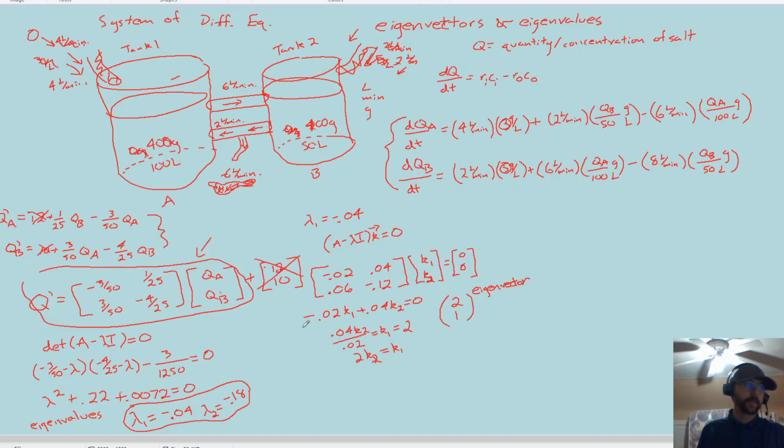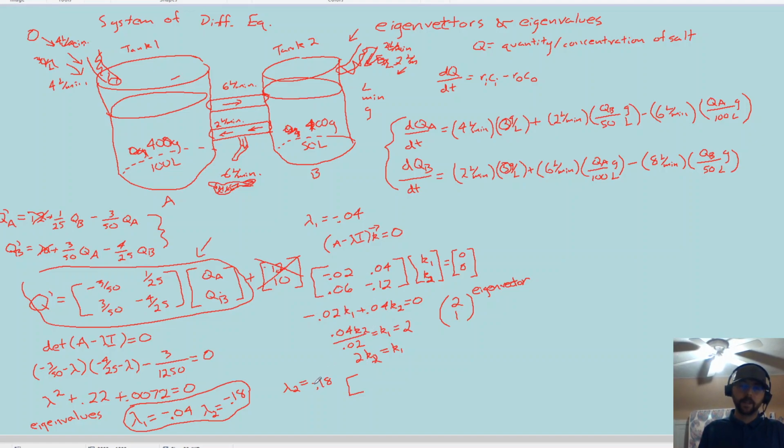Now we need to do the same process to find the other eigenvector. And I'm going to try to squeeze it down here because we still need lots of other space. So lambda 2 equals -0.18, and our matrix. And this time I'm going to use a shortcut. I'm only going to do the top half because we only need the top half.